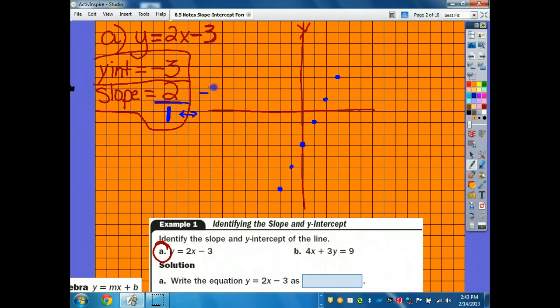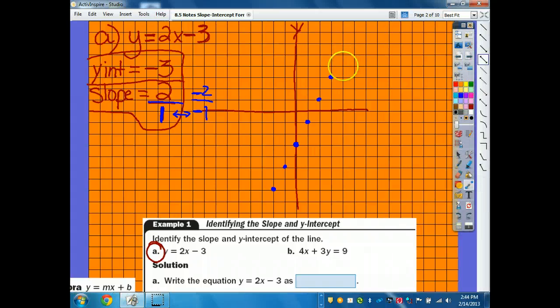That'd be just like a -2 over a -1. See, left 1, down 2. So I end up getting more dots, just the opposite direction. So you take your straight edge, not freehand, and you graph your equation.